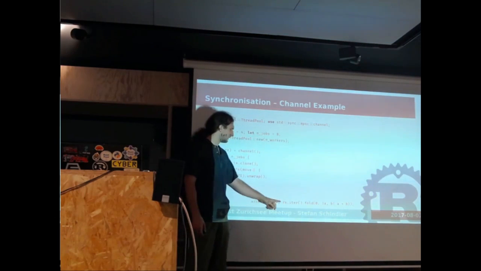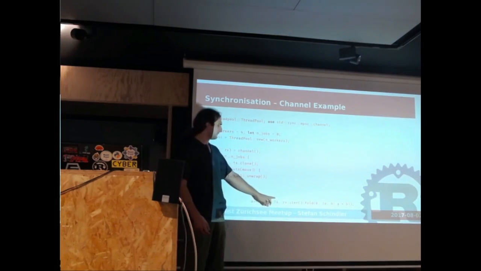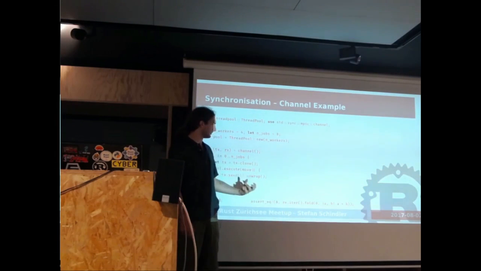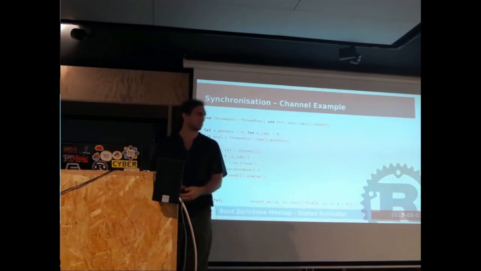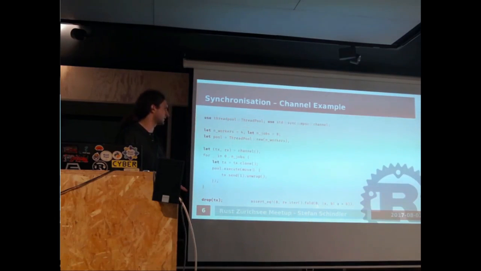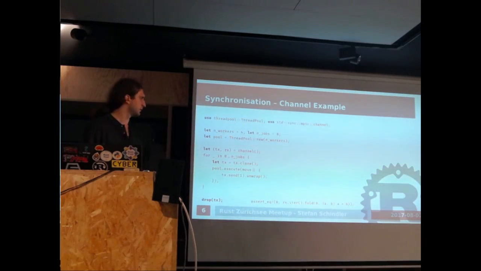Come back to that later, where we take the receiving end from a channel, iterate over all results, and fold them. This fold starts with 0 and basically is a sum function. And sum works with numbers because it's an addable type.